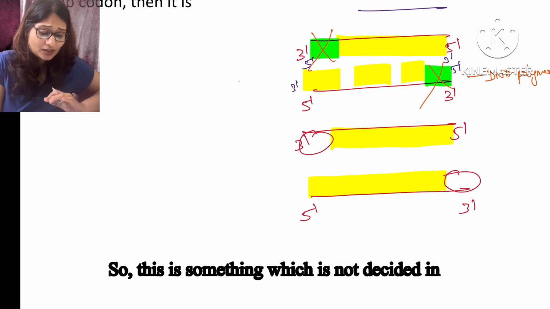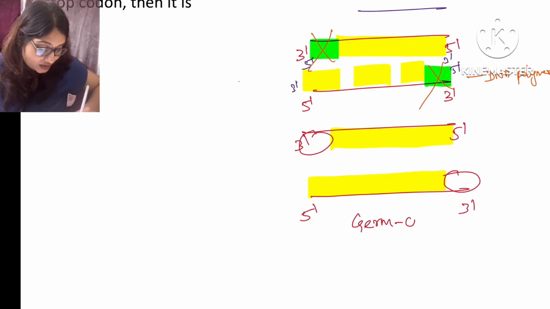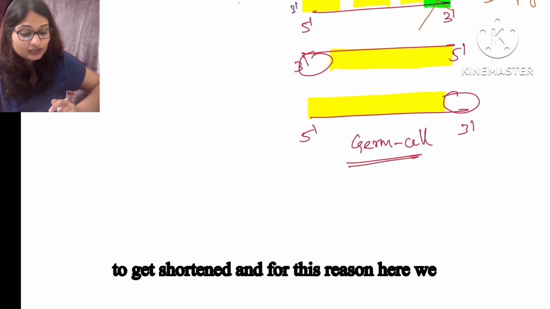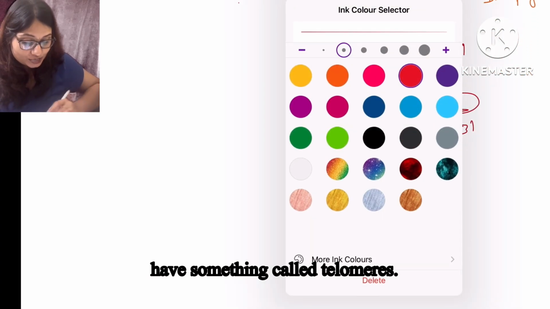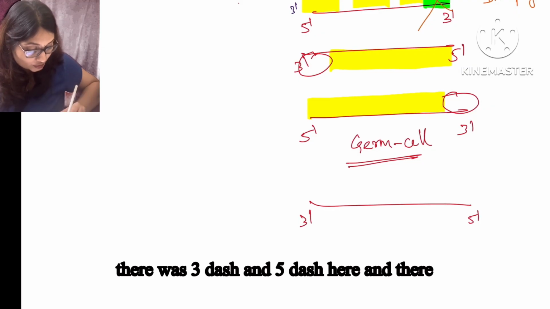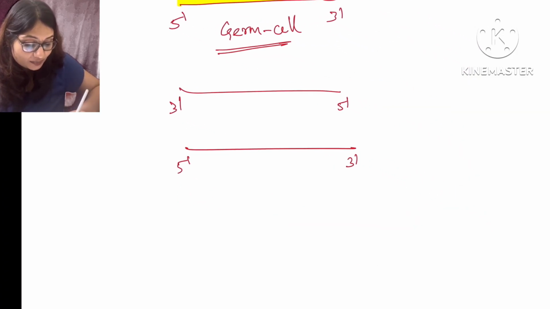This is something which is not decided in a germ cell. In a germline cell, we do not want this to happen. We do not want the ends of the chromosomes to get shortened, and for this reason we have something called telomeres. In the parent strand, as we said, there was 3' and 5' here, and 5' and 3' here, right? In this 3' end, there is something called telomeres.